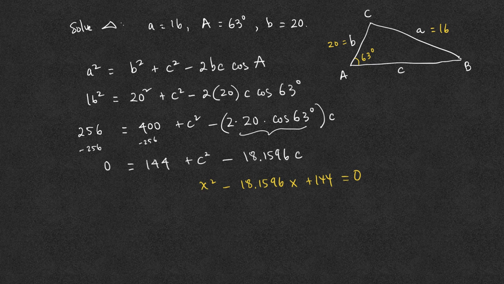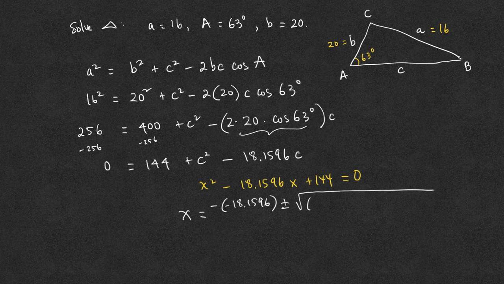The quadratic formula gives x equals negative b, but b in this case, the coefficient, is negative 18.1596, plus or minus the square root of b squared minus 4ac.